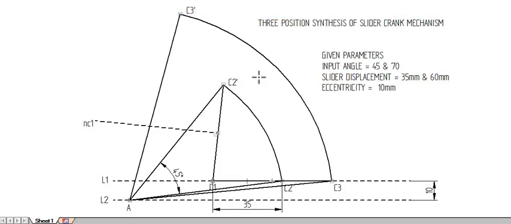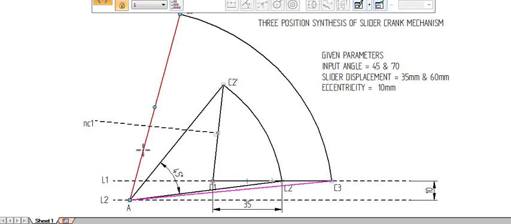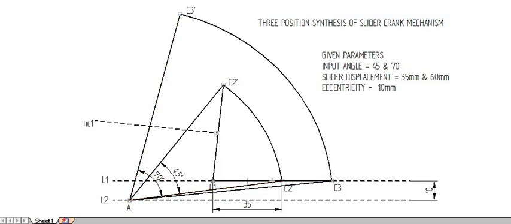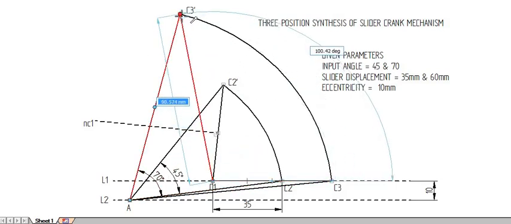So I am showing the angle as 70 degree. Now join C1 and C3 dash.